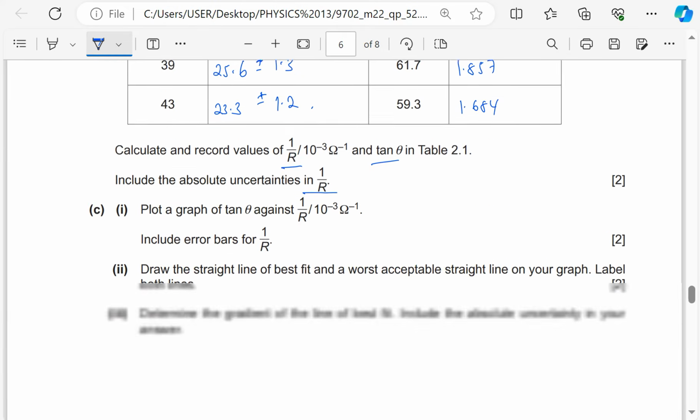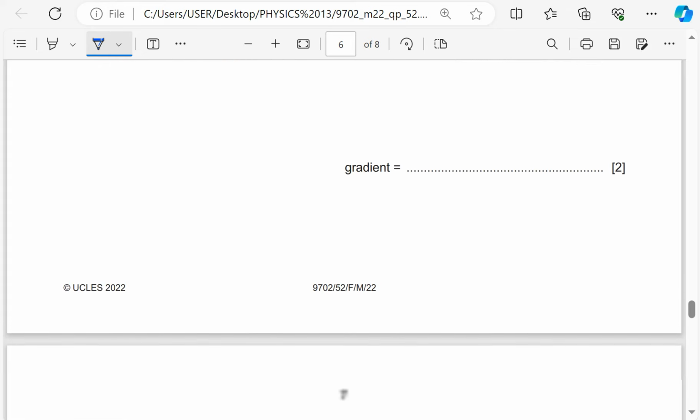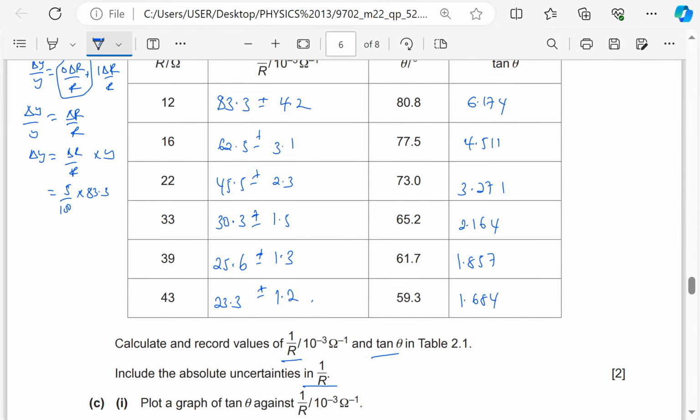So next we now plot the graph. Plot a graph of tan theta against 1 over r. Include error bars of 1 over r. Draw the line of best fit and the worst acceptable straight line on your graph. So let's plot the points, and you have to write them somewhere so that plotting is easy for me.